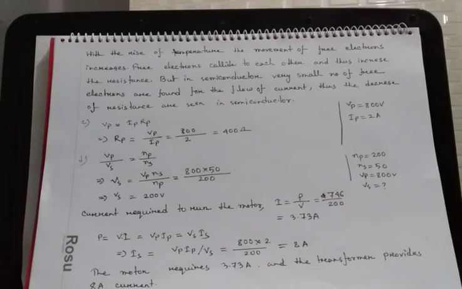To measure that voltage we have to first measure the voltage for the secondary windings. As we know, in a transformer, voltage and number of turns are directly proportional.